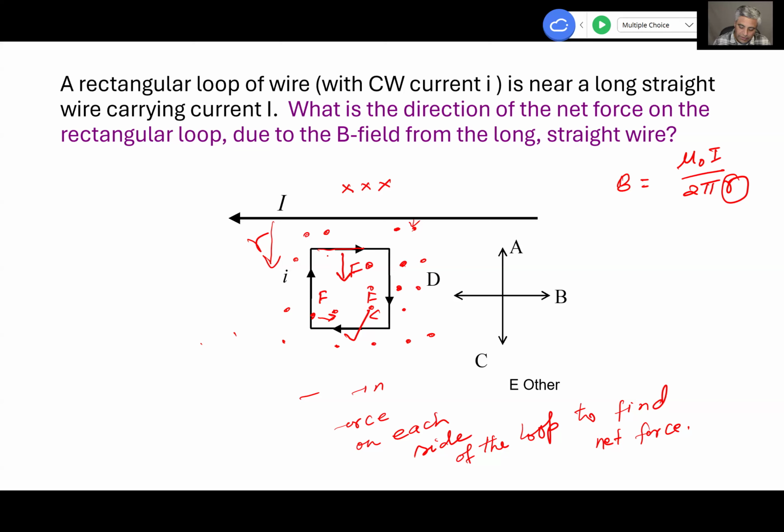Okay, and the field is stronger over here compared to the field at this point, but the direction of the field is still the same, so the force is going to be in that direction there. Okay, but this force here is stronger because the field is stronger there, and this force is weaker.